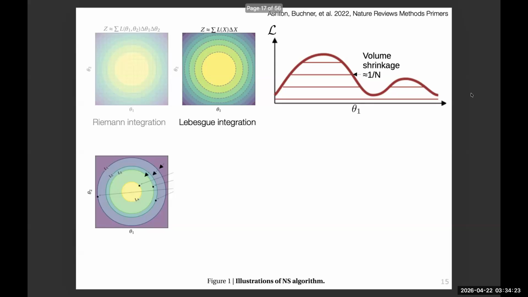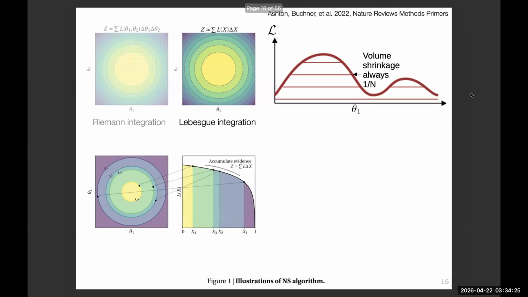And so as you build this up, what this looks like is the first slab, you remove this much of the prior space, and this is the height sampled here. You know the fit likelihood, and you keep summing as you take out live points and put new ones in. So you build up this integral that way.